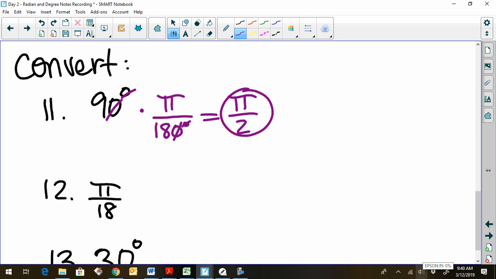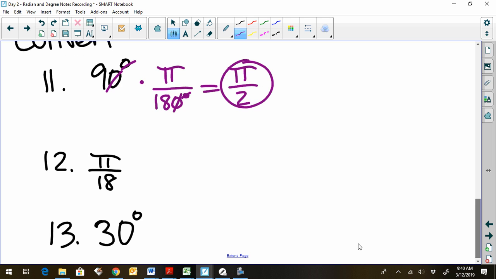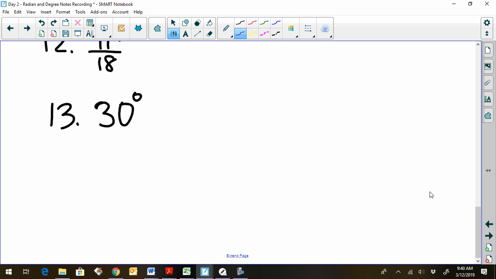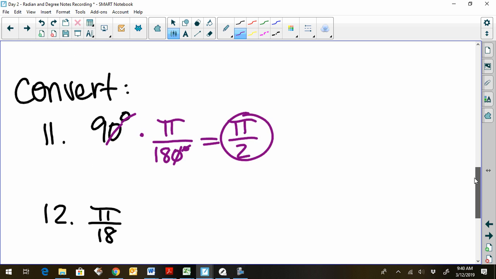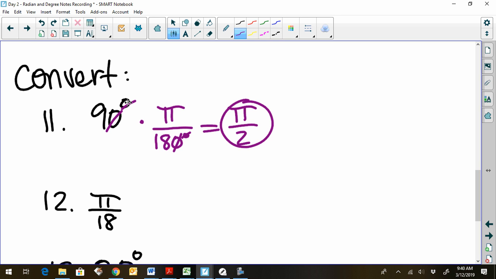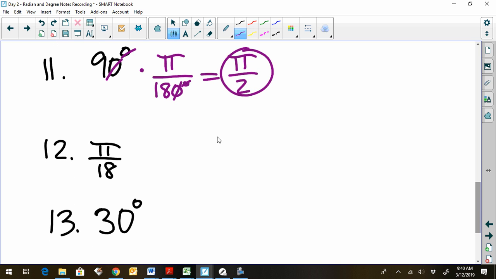So now that we've tried that, we can use that as we keep going. So let's do a couple more. Number 12, we're going to convert. So notice how the first one was in degrees, so then we wanted to convert it to radians. The next one is in radians, and radians currently are in terms of pi, so we want it to end up in degrees.